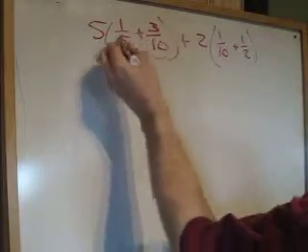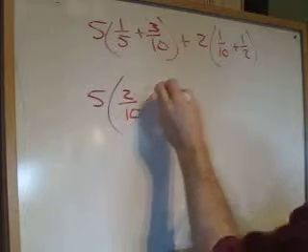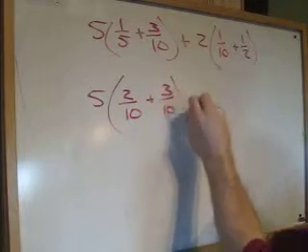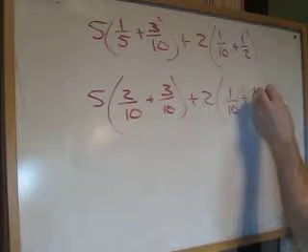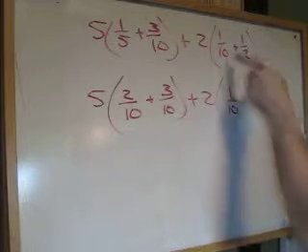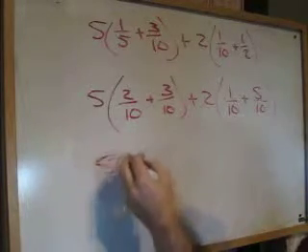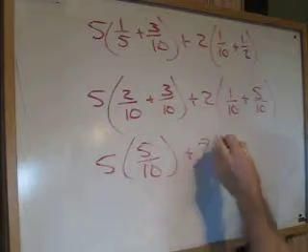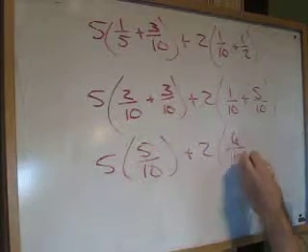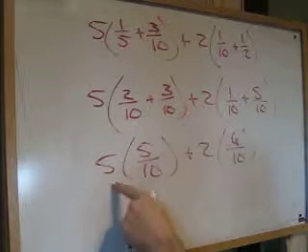So, we're going to add these together. We're going to change that to 2 over 10 plus 3/10, common denominators. We're going to change this to common denominators of 10. 10 and 2, the common denominator is 10. Then I'm going to add what's inside my parentheses first. Okay? I cannot make this 5 and 5/10.